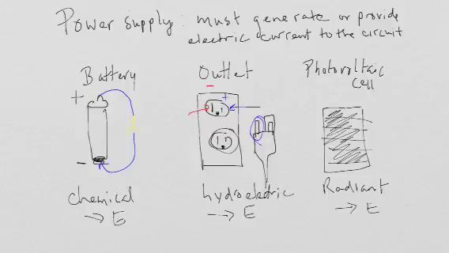Now, the cool thing about photovoltaic cells is that with technology, they're getting smaller and smaller, and more and more versatile. We can see that photovoltaic cells can power very small objects in really remote locations.